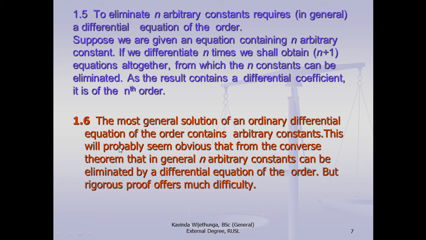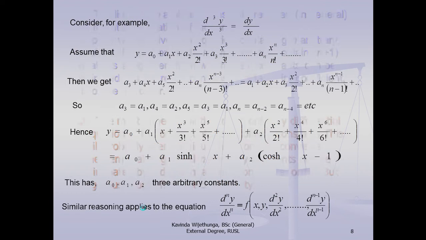This will probably seem obvious from the converse theorem, that n arbitrary constants can be eliminated by a differential equation of the nth order, but a rigorous proof offers much difficulty. Right, consider an example. There is another example we will consider. We will discuss how we can solve this example.